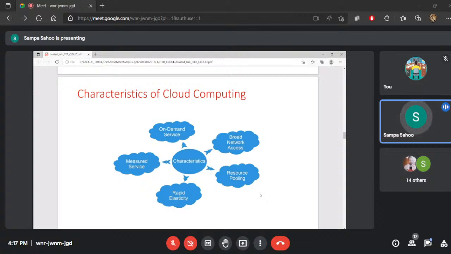Next is rapid elasticity. Rapid elasticity means depending on your requirement, you can change the number of cloud resources you need. Suppose you have an application to run that needs two computing servers, so currently you have two computing servers.